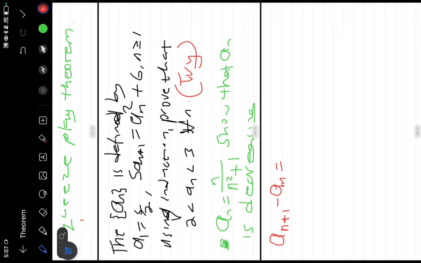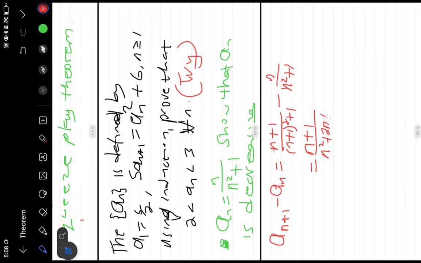So we know A of n plus 1 would be, not A of n, it would be n plus 1 all over n plus 1 squared plus 1 minus n over n squared plus 1. So this is equal to n plus 1 all over n squared plus 2n plus 1 plus 1.